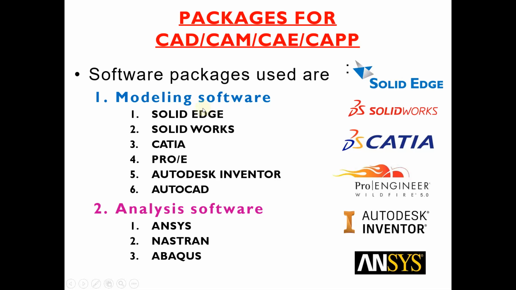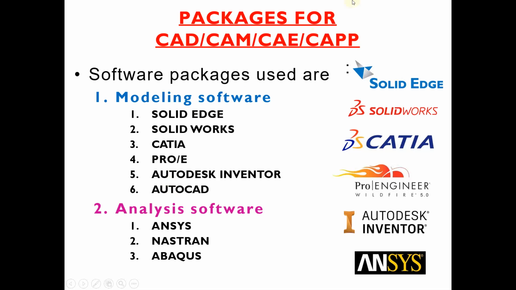So Siemens alone has the license to sell the Solid Edge software, and only Siemens can make necessary changes in the software coding or program in which Solid Edge is made. Similarly, the other softwares which are listed here are all licensed softwares.